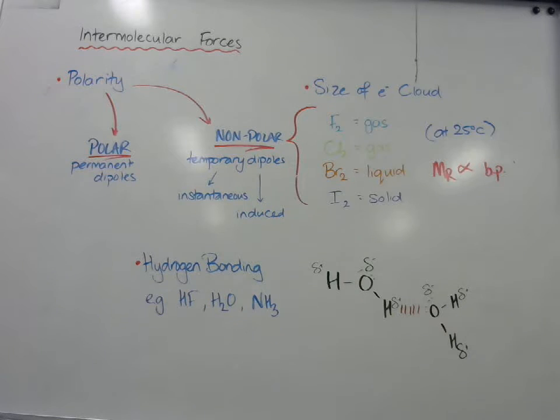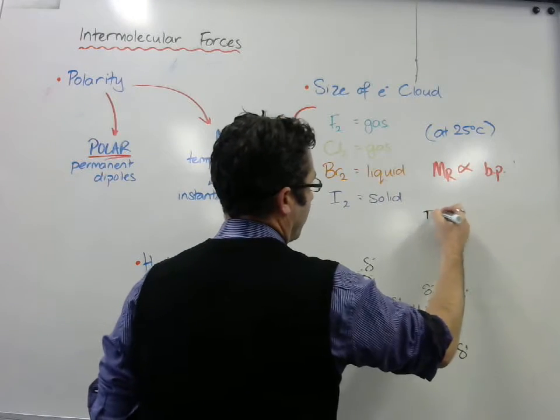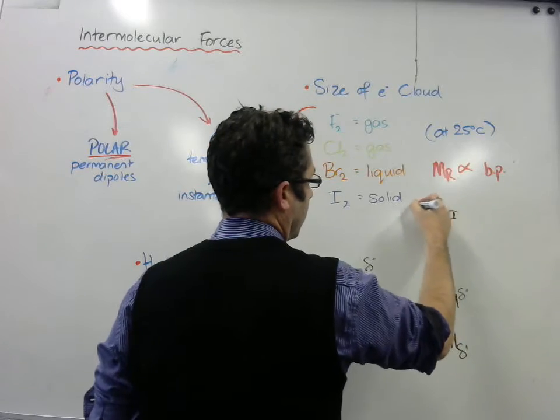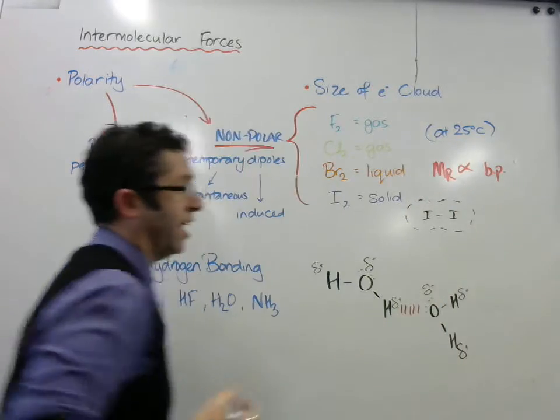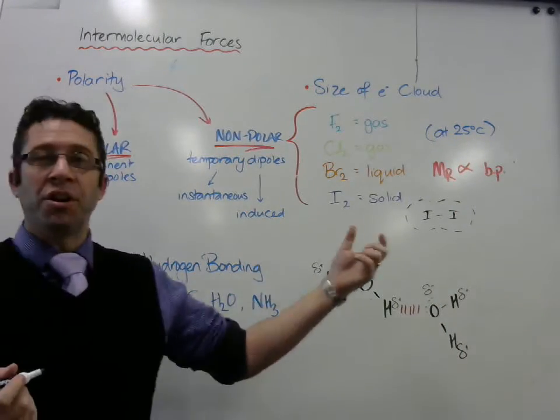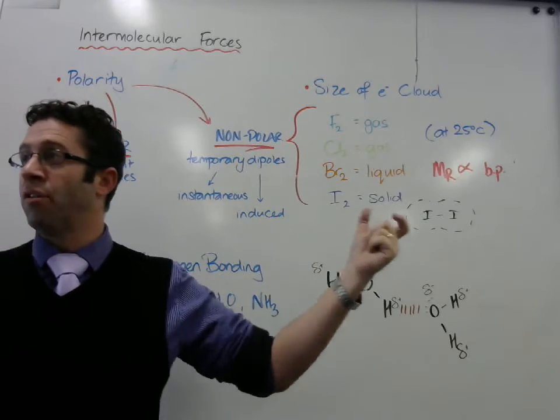So, how do I show that? I want to show iodine because it's a good example, and it's nowhere near to scale, but if I've got an iodine here, here's its electron cloud. At any moment, it might not have perfect distribution of electrons.